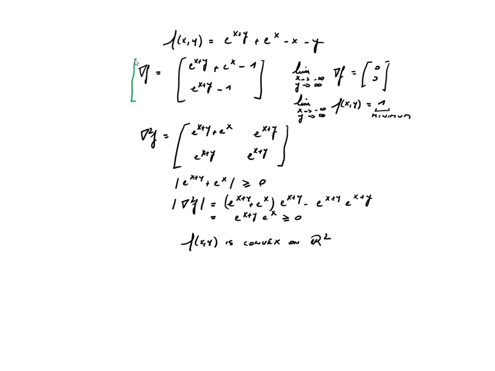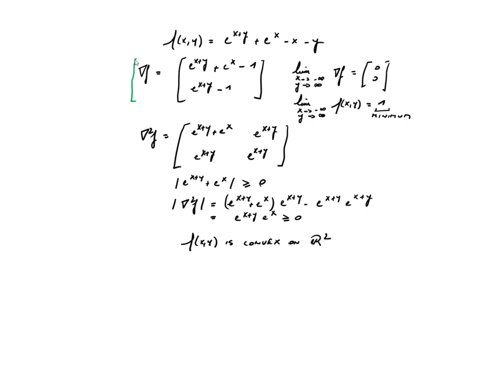So this explains this term. The partial derivative of the exponential is the exponential itself, and then here the partial derivative of minus x, and you have minus 1. I'll leave you the partial derivative with respect to y, and this is what you obtain.